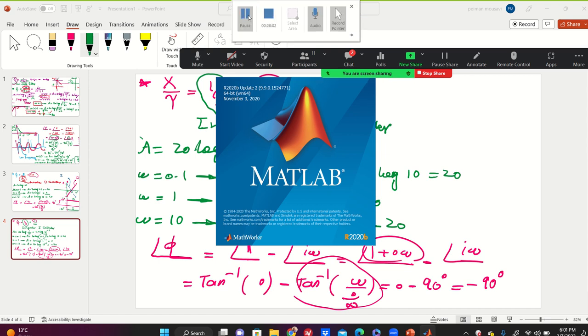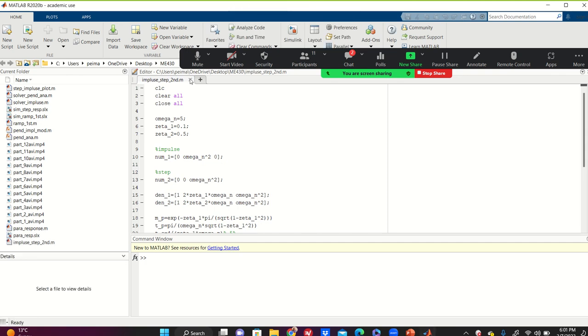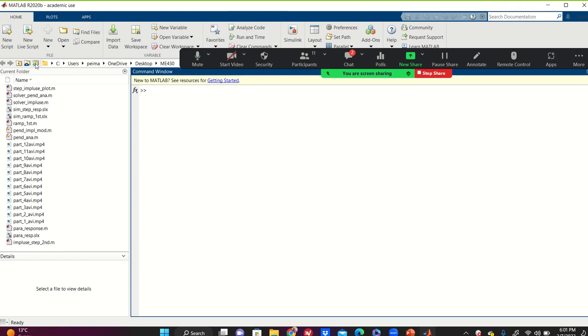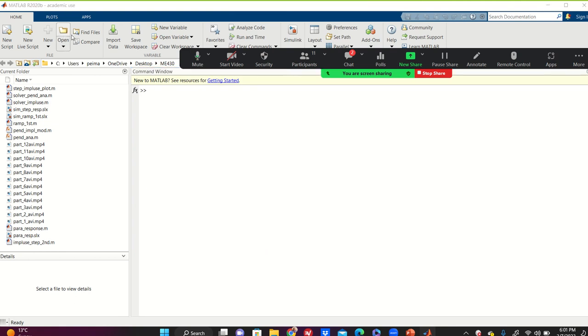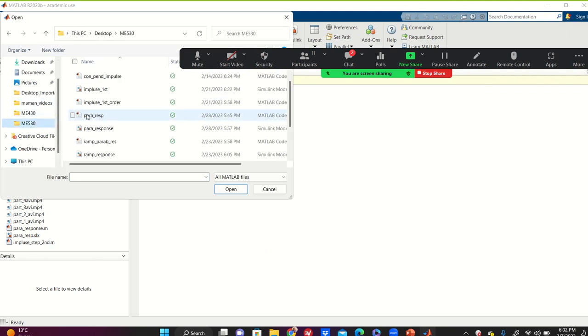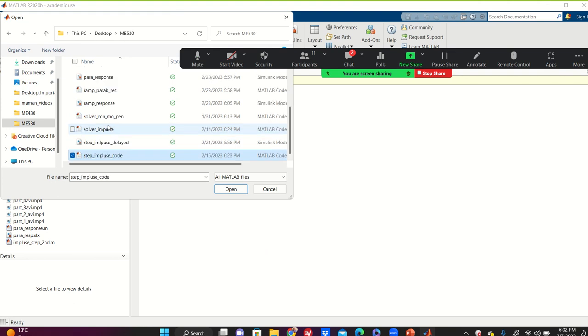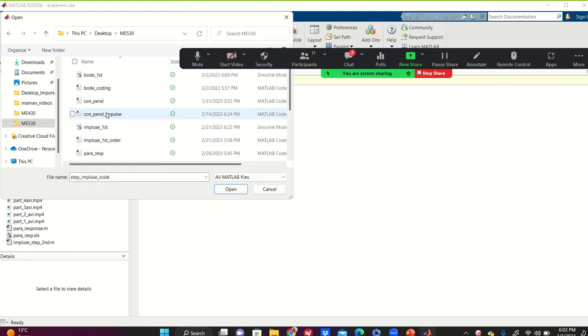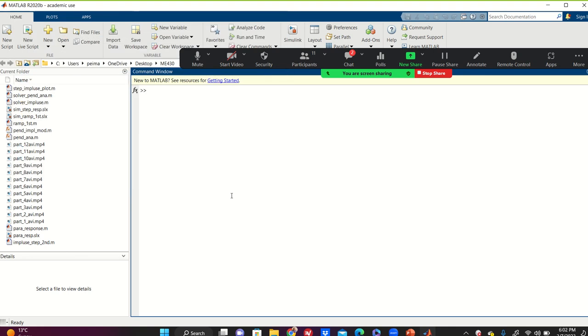Let me stop it. Okay, guys. Let me open the ME530. Oh, Bode first. Okay. Because I have it, and I just don't want to kill your time. I just have to change the transfer function. Open loop transfer function, obviously.